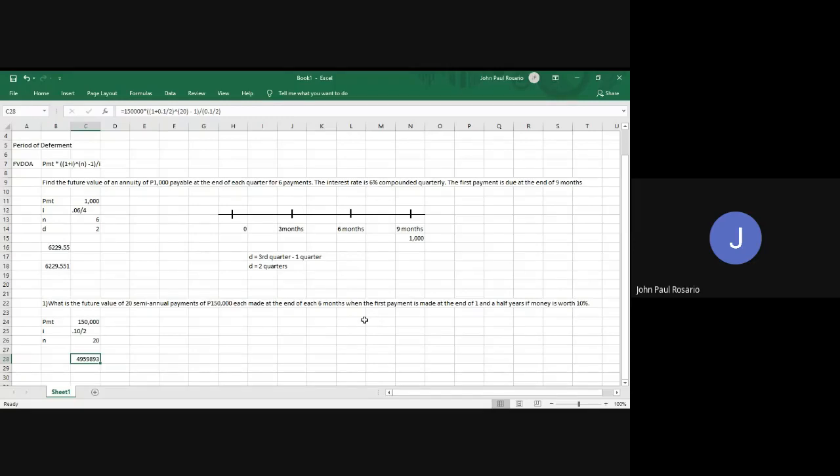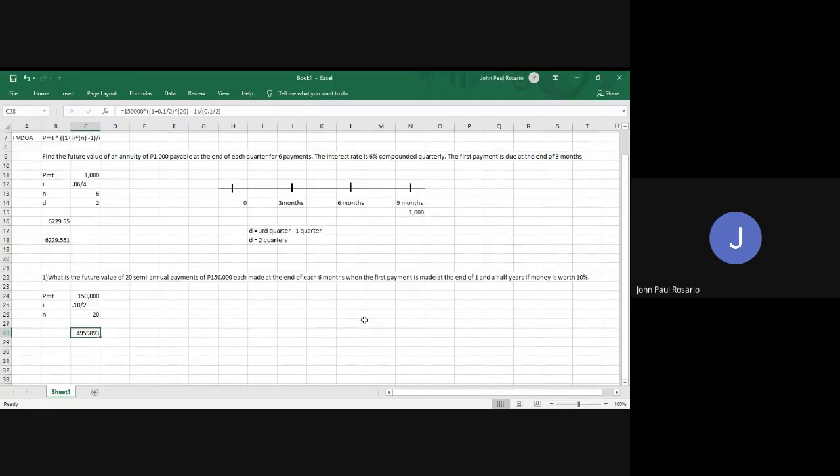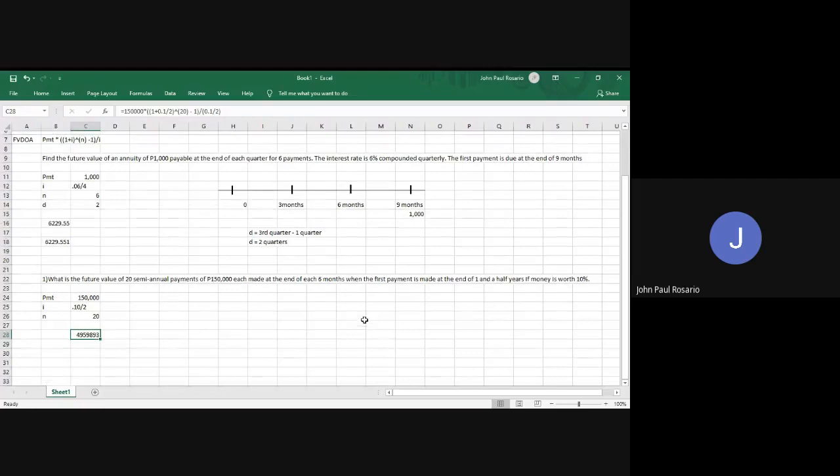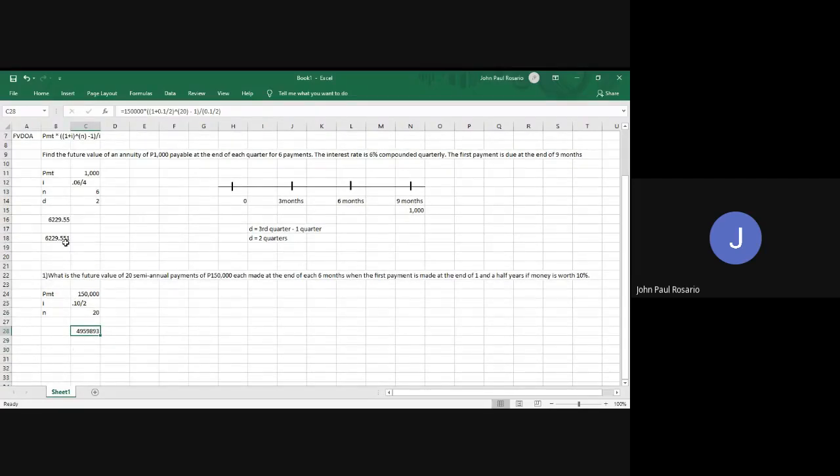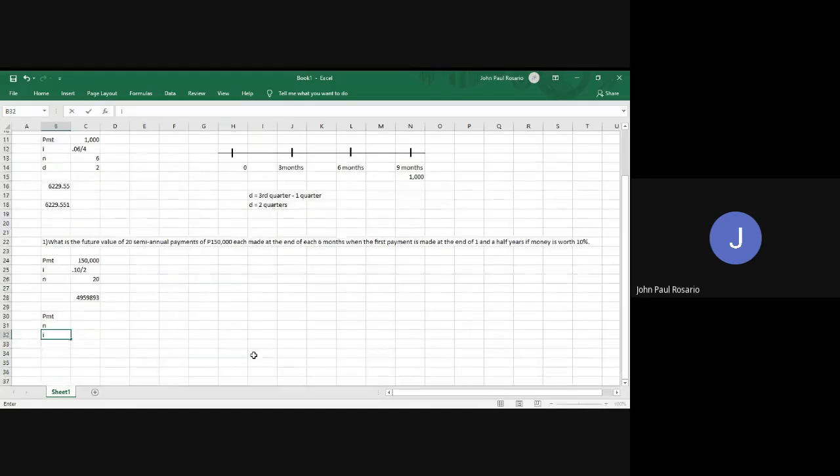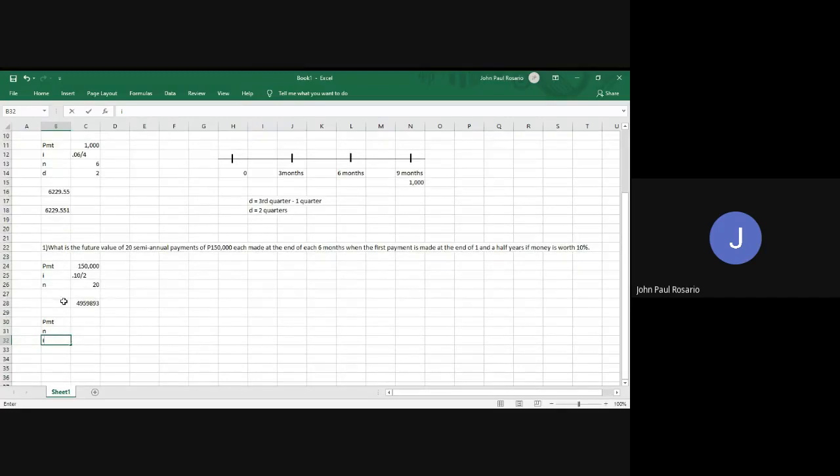Sige. Now, since ang formula sa future value of deferred ordinary annuity is same lang siya with future value of ordinary annuity, when N is missing and when payment and I is missing, you may refer to the discussion in chapter 4.